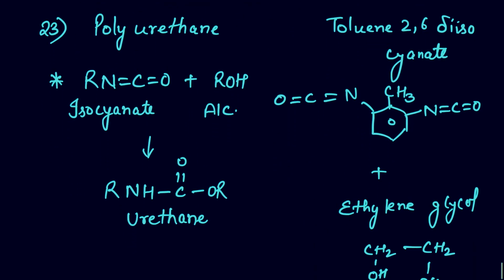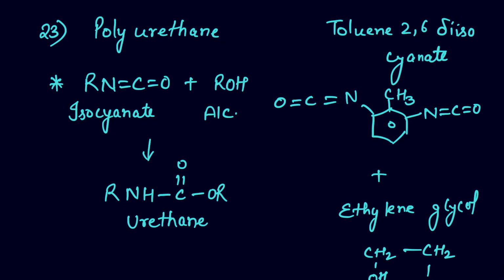Our next polymer is polyurethane. Its monomers are toluene 2,6-diisocyanate and ethylene glycol. When an isocyanate reacts with an alcohol, it forms urethane.